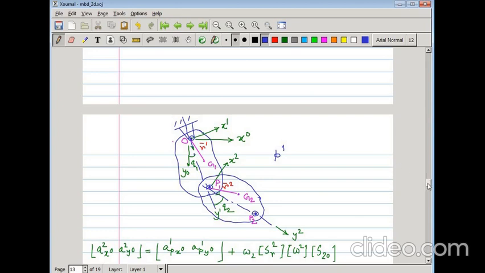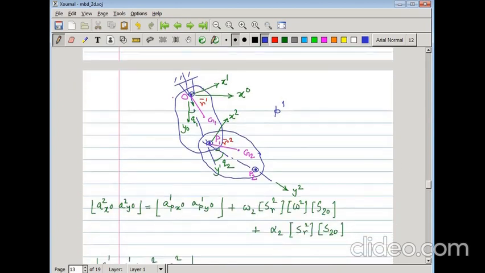So here you see the center of mass acceleration, that means the acceleration of this point, is actually the acceleration of this point plus omega cross r plus alpha cross r, that is, the acceleration of G2 with respect to P1, but here omega, alpha, r, they are all for body 2.